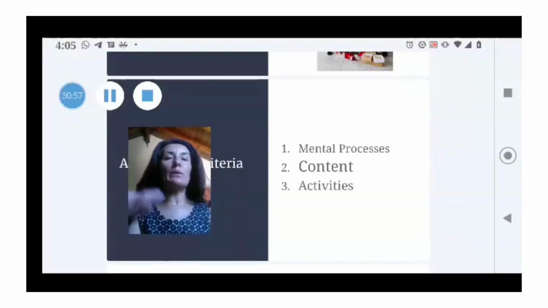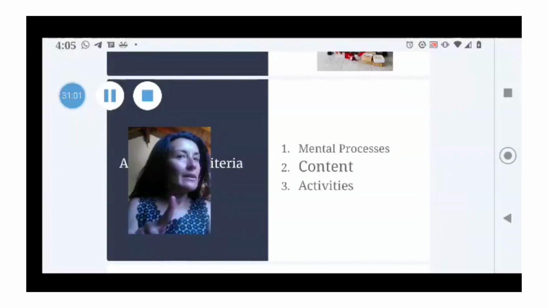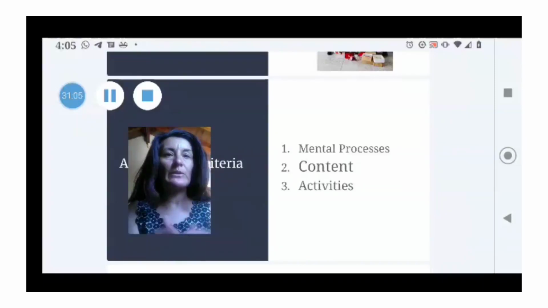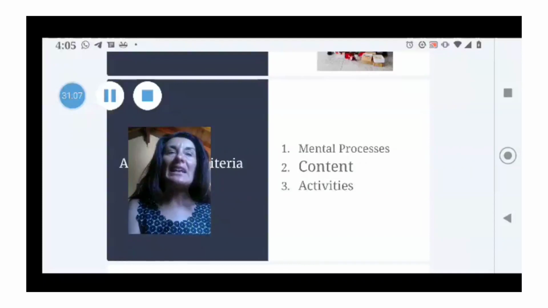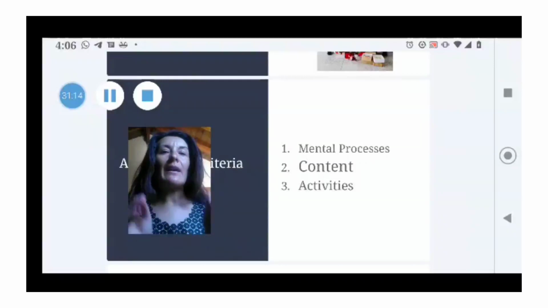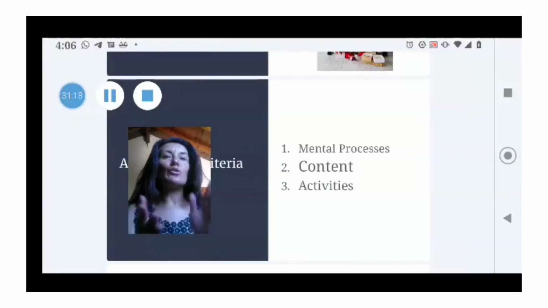The content should be very clearly expressed in the criteria. This is very important. And finally, what is the tool? What is the activity that the teacher has decided to use for the assessment?